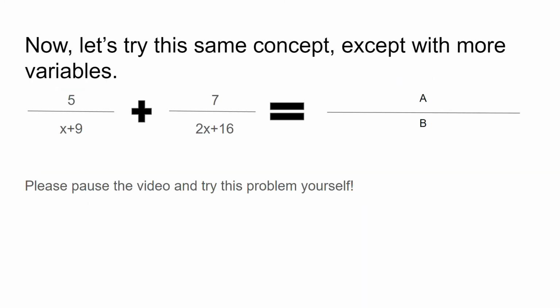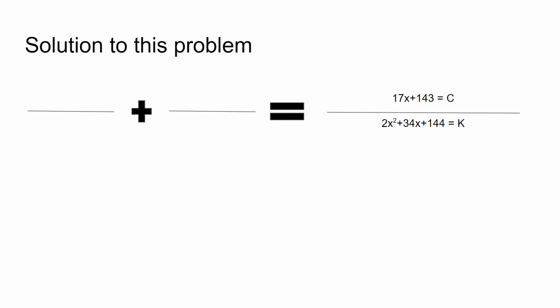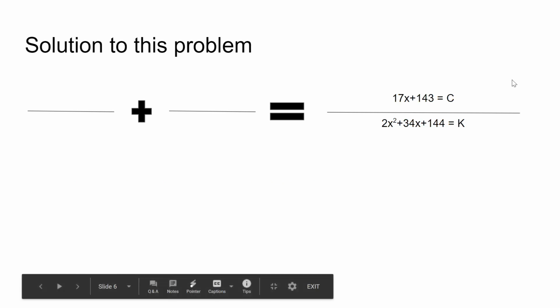So I'm going to try this now. We're going to try it with some variables. So just try and solve this, and see what you get for A and B. So assuming you've given it a go, I did rename the variables here.